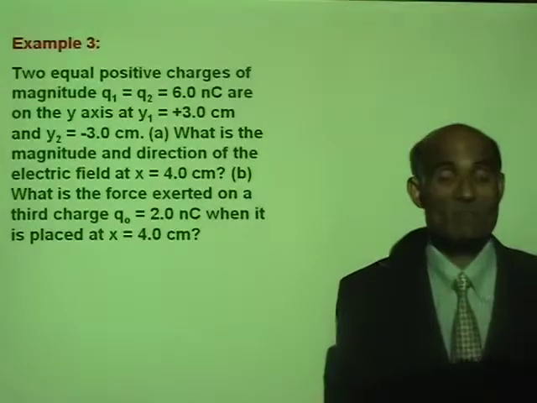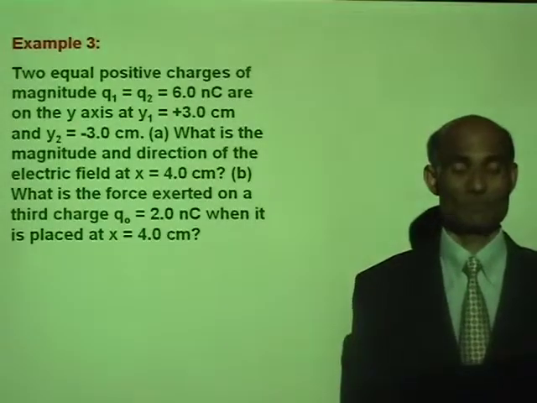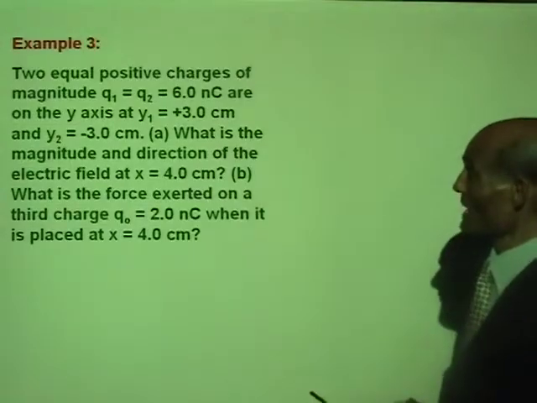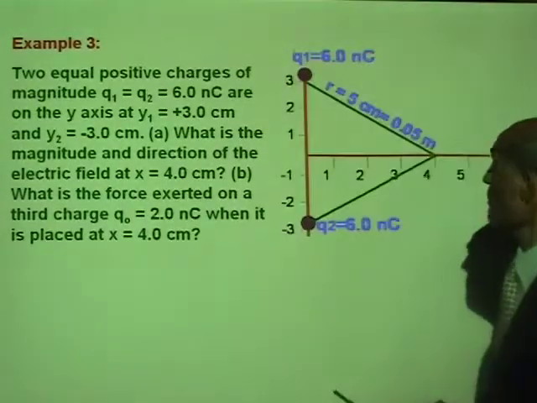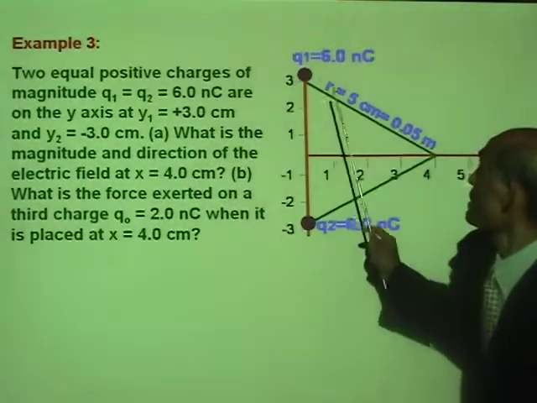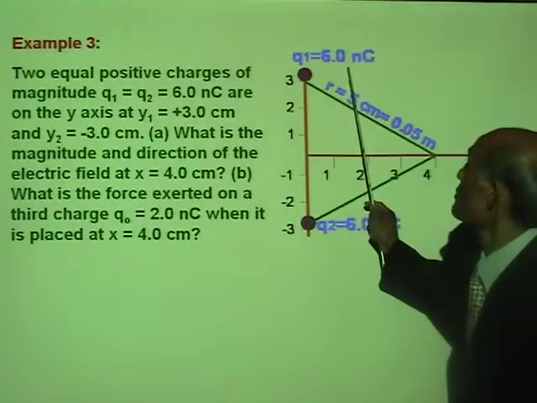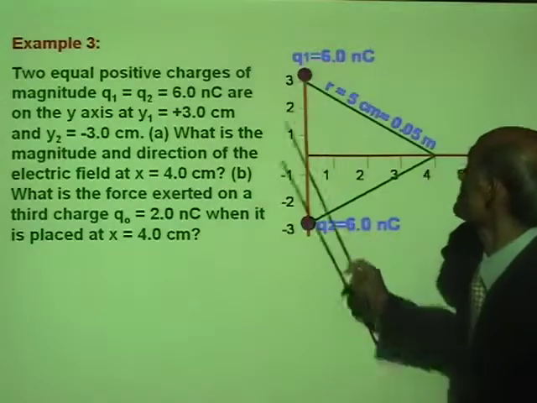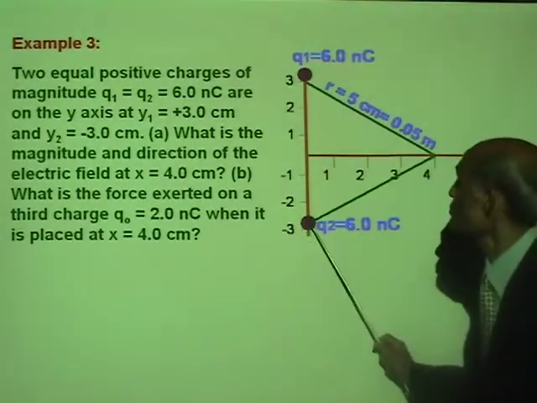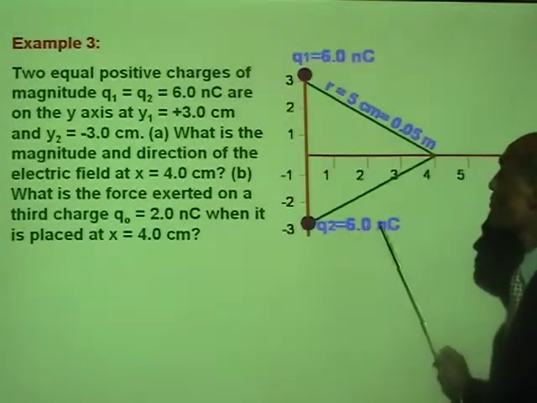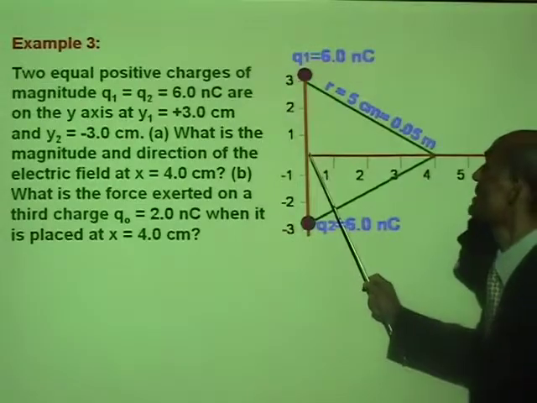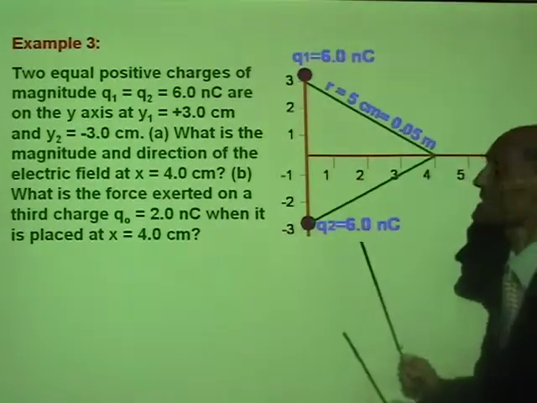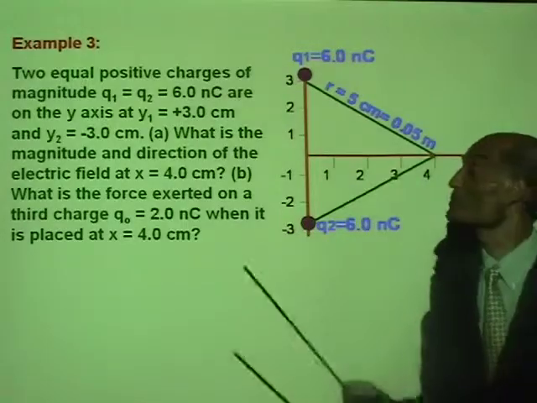Can you picture that problem? Well, I'm going to draw the diagram for you. There you are. A charge Q1 equal to 6 nanocoulomb is placed at y1 equal to 3 centimeter. A charge Q2 equal to 6 nanocoulomb is placed at y equal to negative 3 centimeter. What do we need to find?